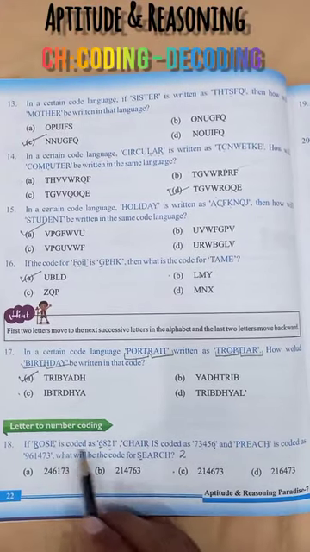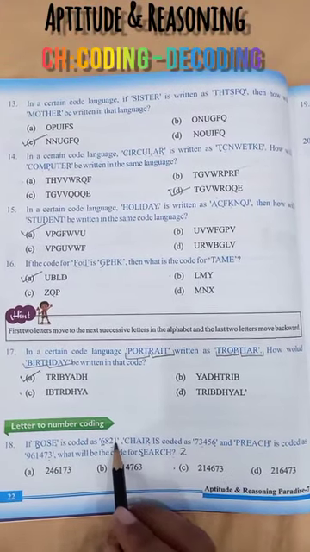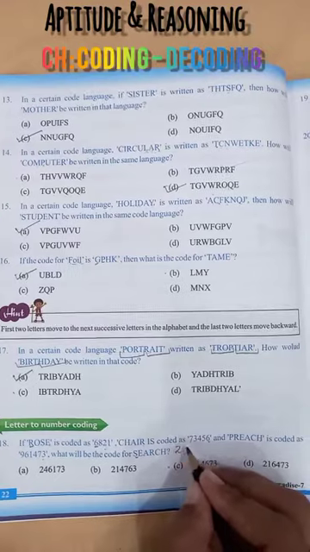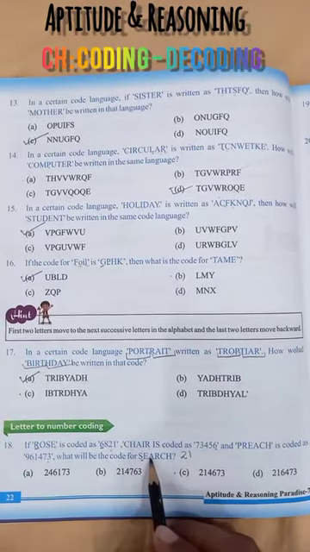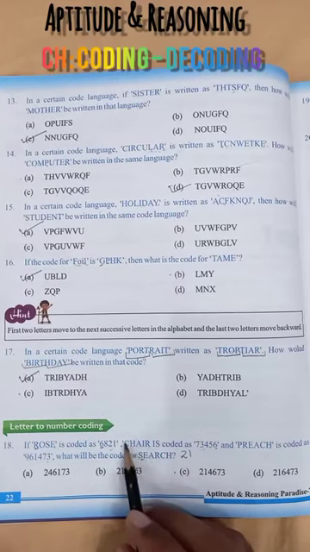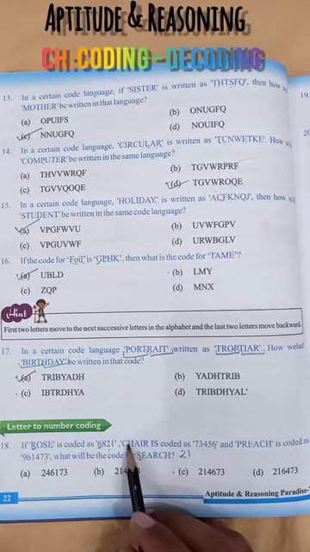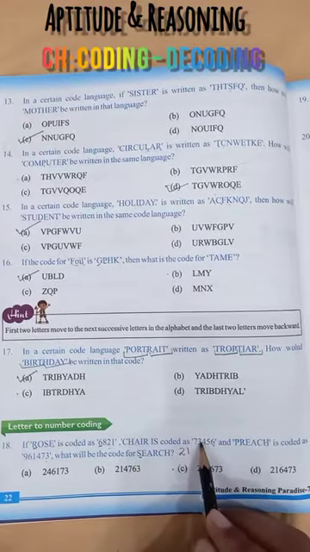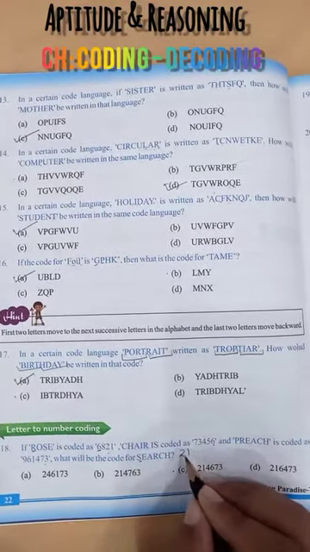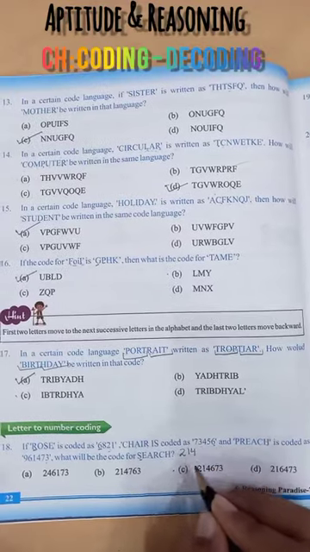After SE, E is 1, so 2 1. Next A. Now A is in the code CHAIR, on the third place, 1 2 3. This is 4. So 2 1 4.